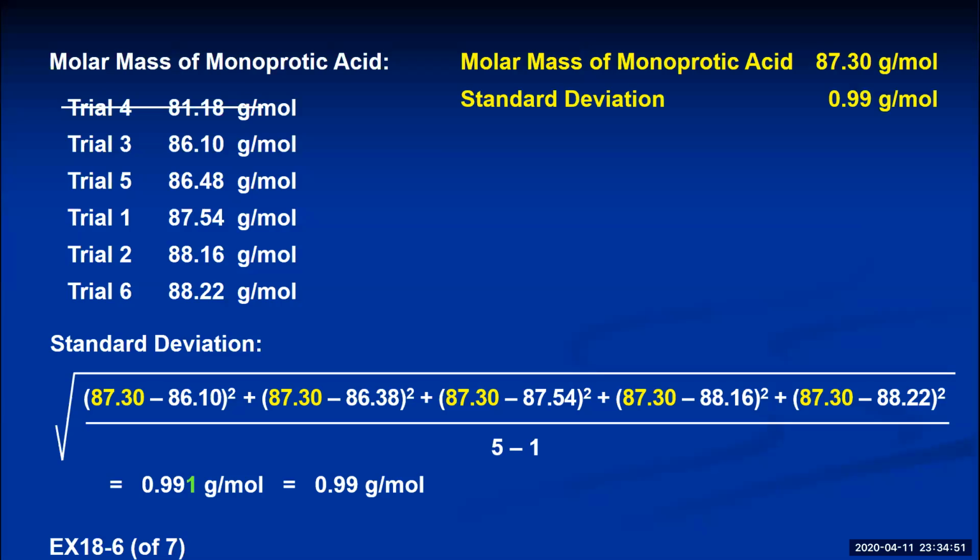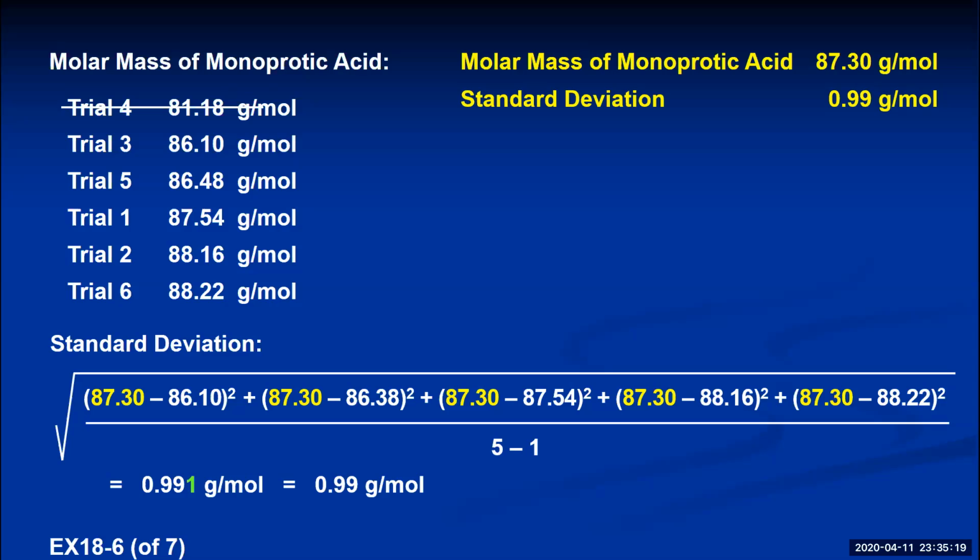So this will be the reported standard deviation for this particular experiment. So when we imagine this experiment being done by a titration to determine the molar mass of a monoprotic acid, we would imagine that 68.2% of the time, people would essentially be between 86.31 grams per mole all the way up to 88.29 grams per mole, because the standard deviation is 0.99.